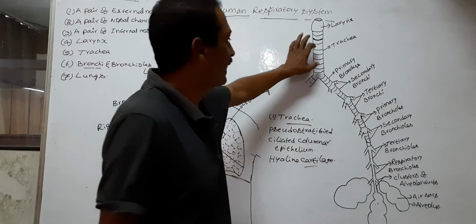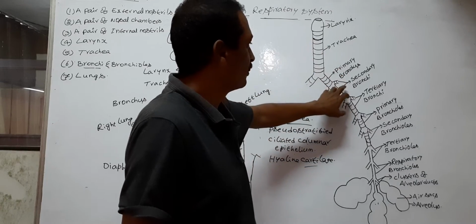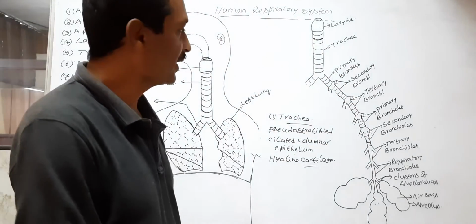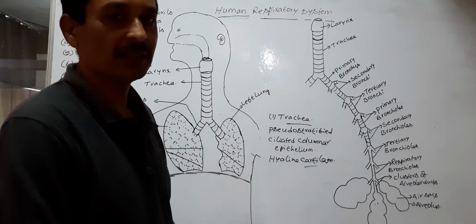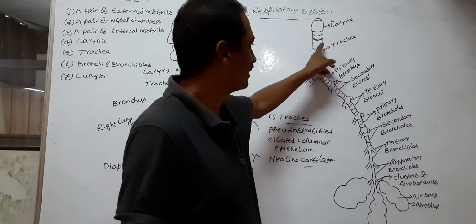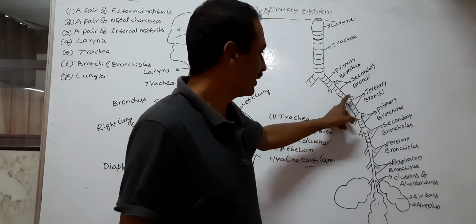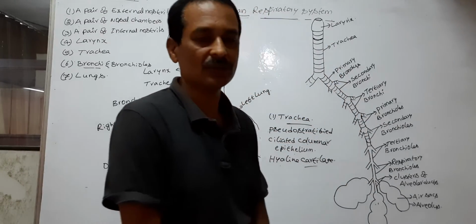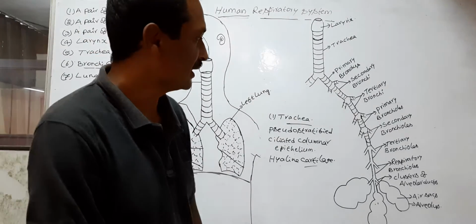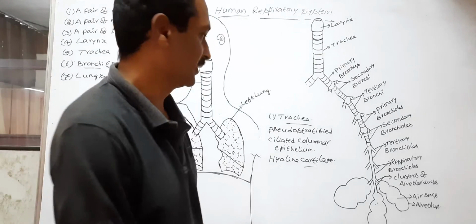Here, the trachea, bronchi, and bronchioles constitute the respiratory tree.